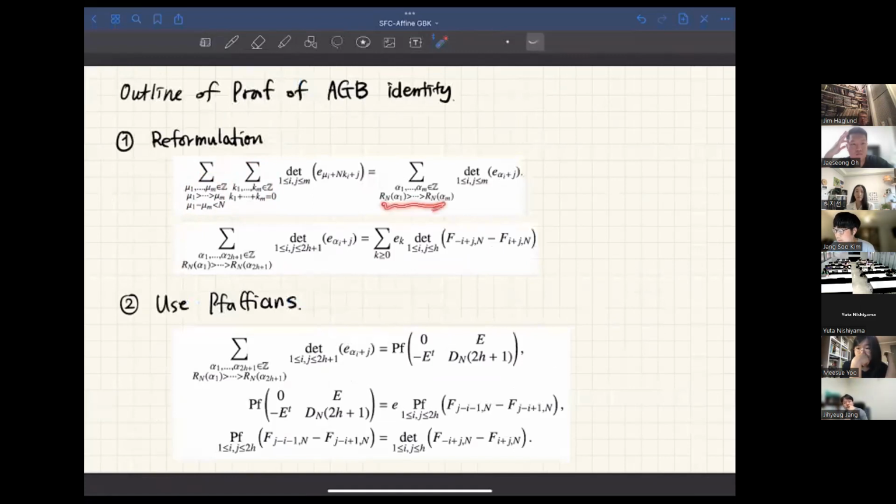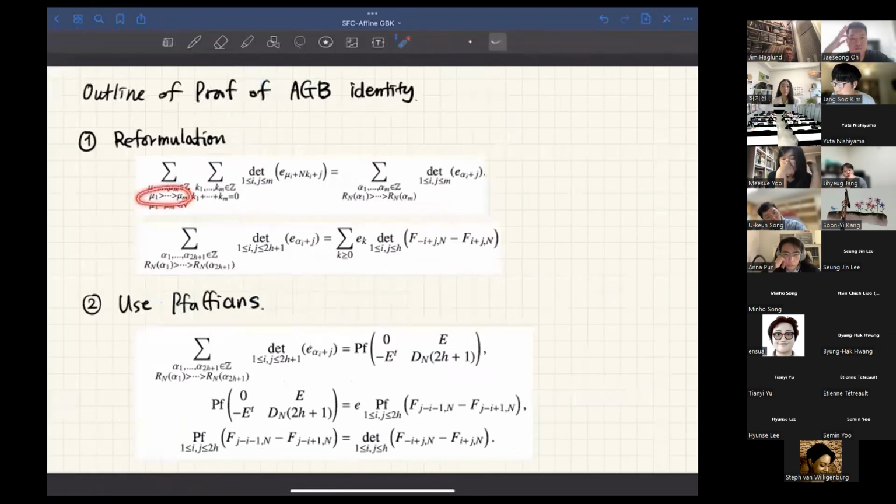The idea is that here the integers are sorted by their sizes, but we sort the integers by their remainders when divided by some integer n. So this is rewritten in this way, and the identity is just equivalent to this.